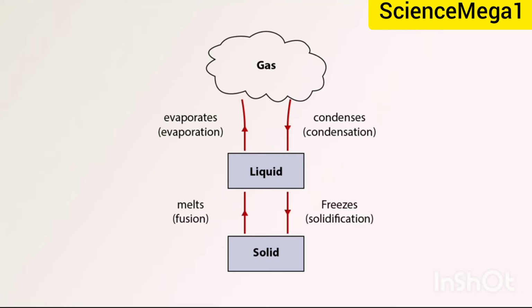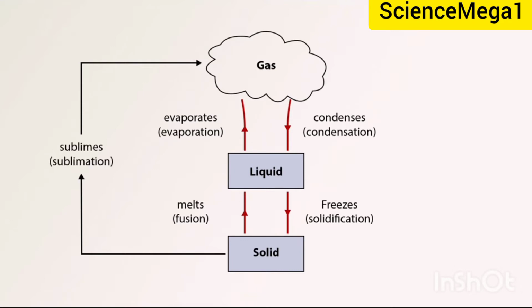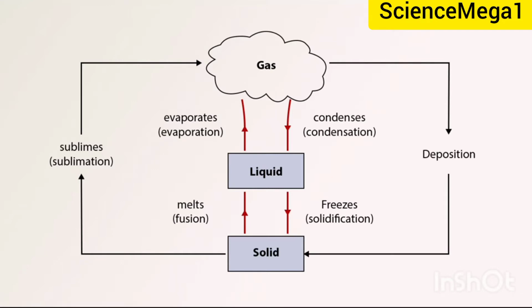And when the liquid freezes back to solid, it is called solidification. Now, when the solid changes directly to gas, the process is called sublimation. And when the gas in turn changes directly to solid, the process here is also called deposition. I hope you understand the diagram clearly. Very good. Let's continue.